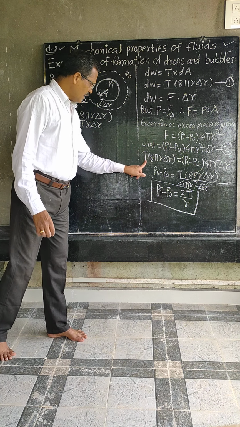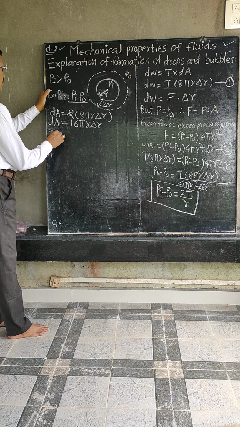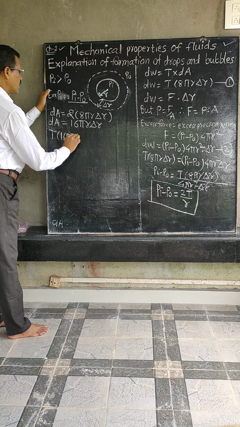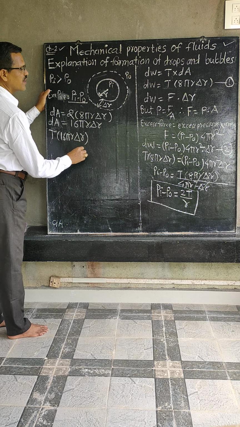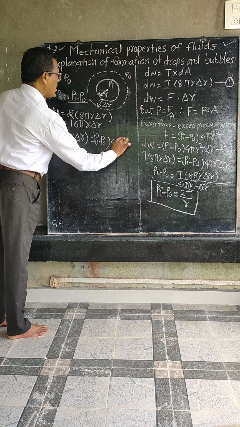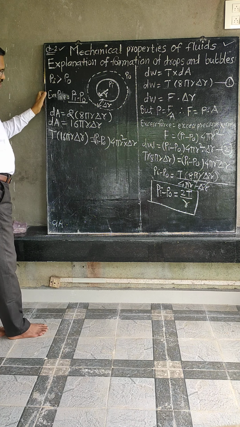Therefore, we can write the equation as T into 16 pi r delta r is equal to (Pi minus Po) into 4 pi r square into delta r.